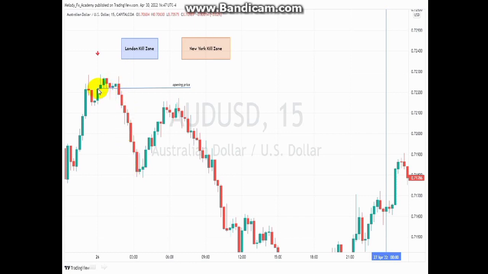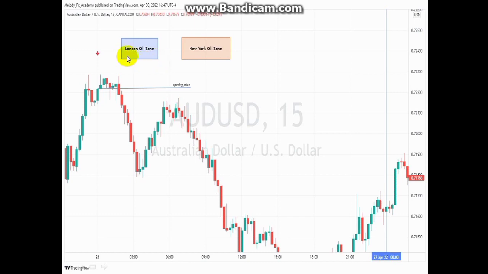But in this case, as you can see on this day, this is my London key zone. What key zone actually means is when we start hunting for our entries. We start hunting for our money, for our entries, on the London key zone between 2 a.m. New York time to 5 a.m. New York time.